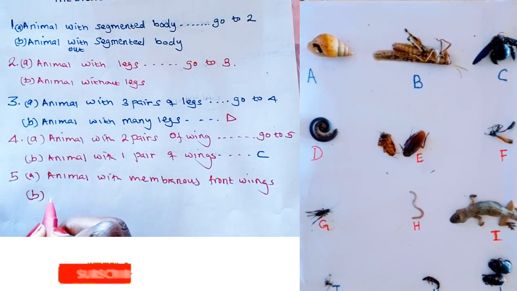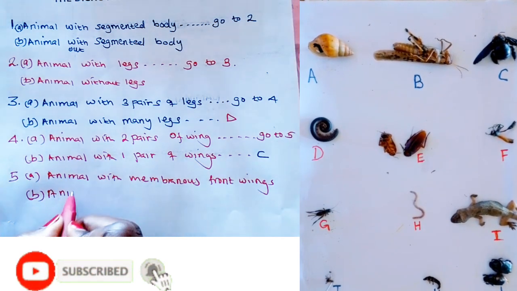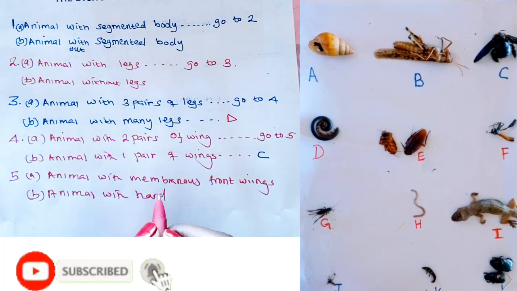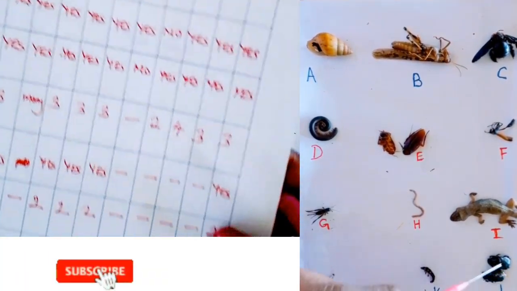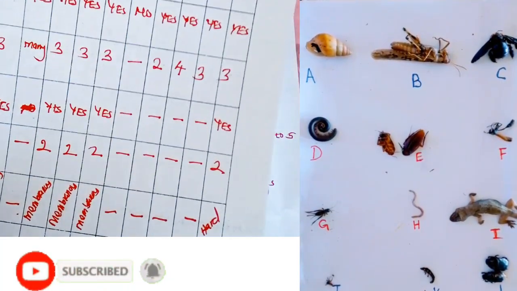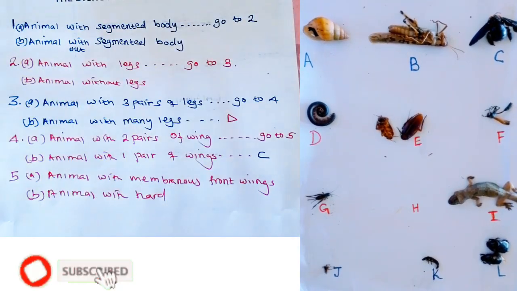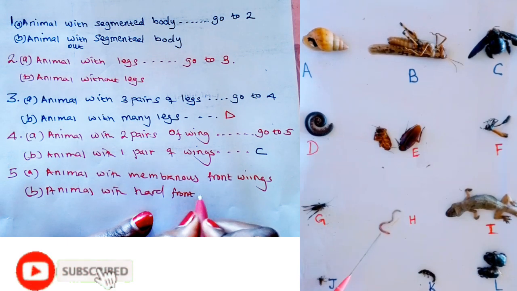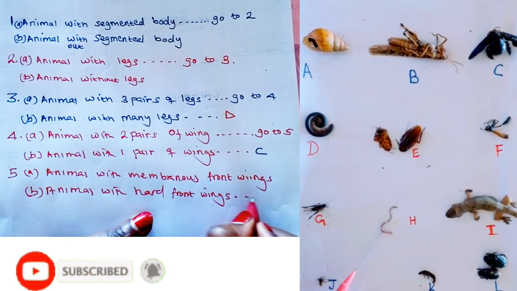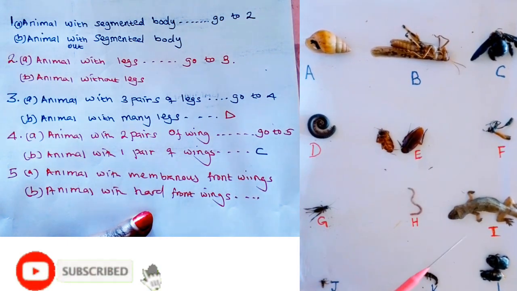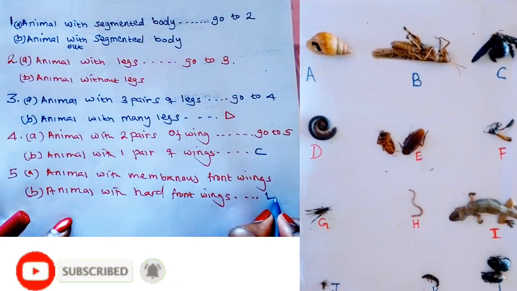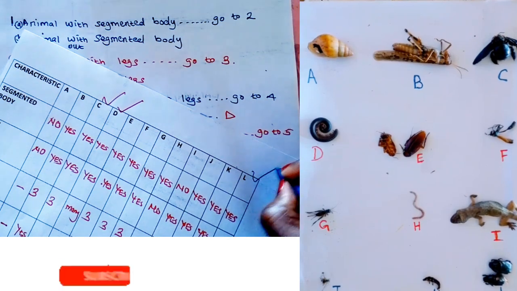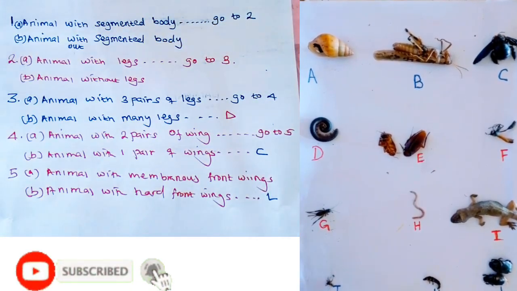So part B, animals with hard front wings. Let's look at the nature of the front wing, only 1, eh? So we can identify that. With hard front wings, which one is that? L, very good. This will be L. So we take our table, we have identified L. You get the flow now?